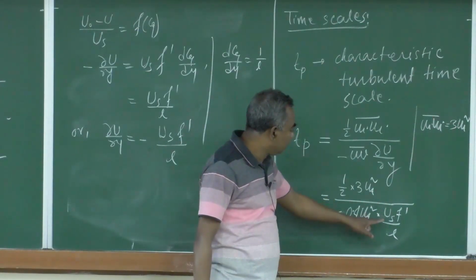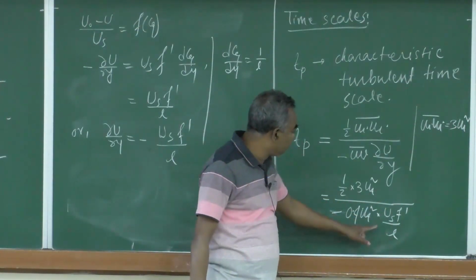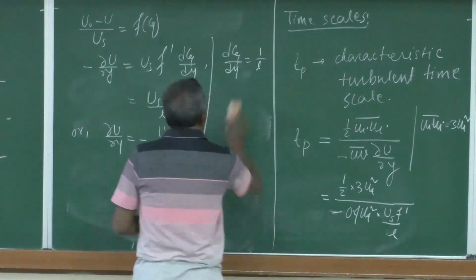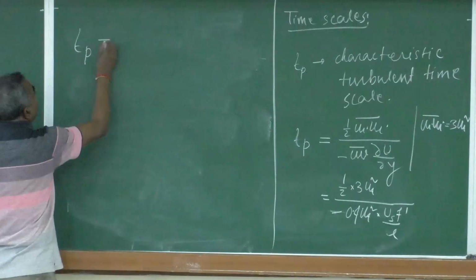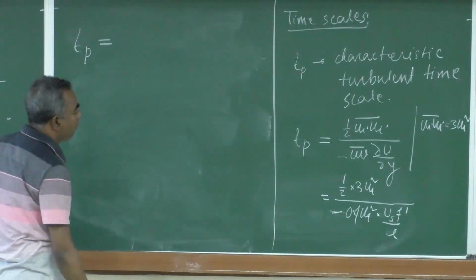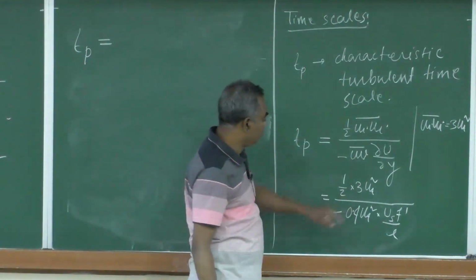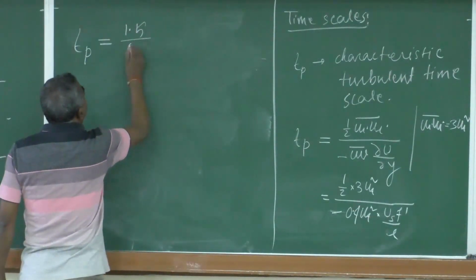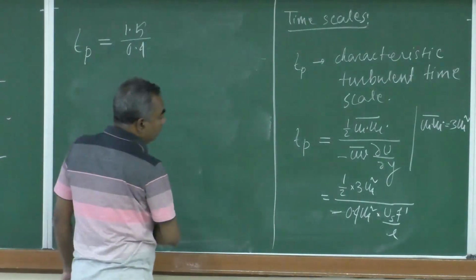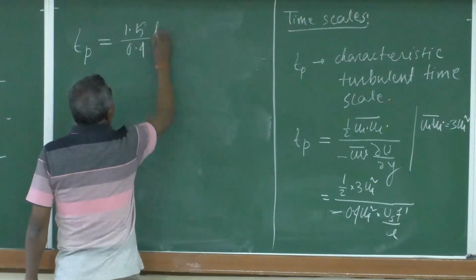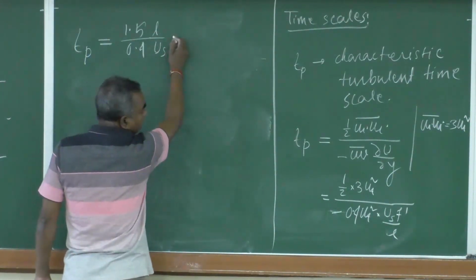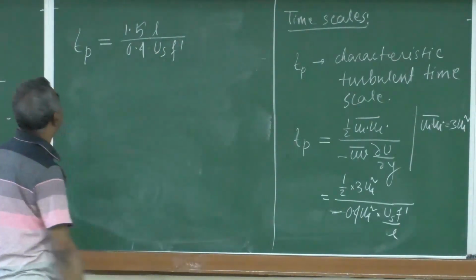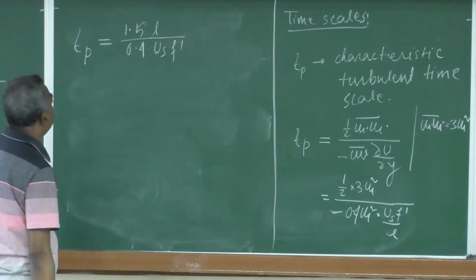So, Tp equals, let me write it here, Tp equals 1.5 divided by 1.5.4, right, and this is L by u s f prime, right. So, that is what we get.